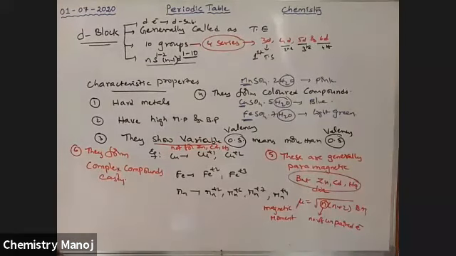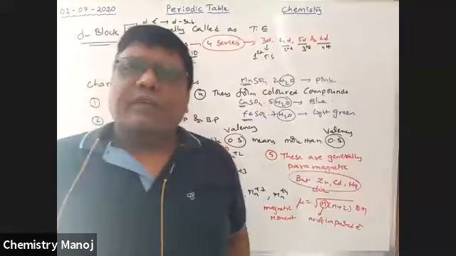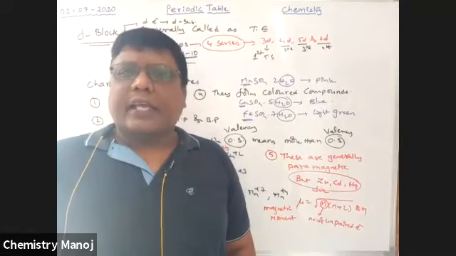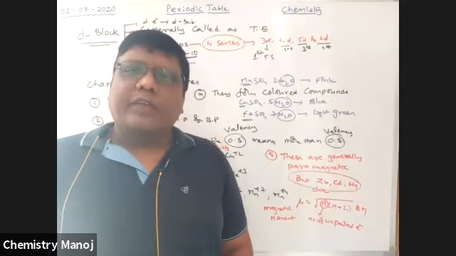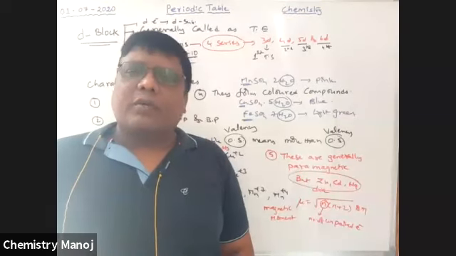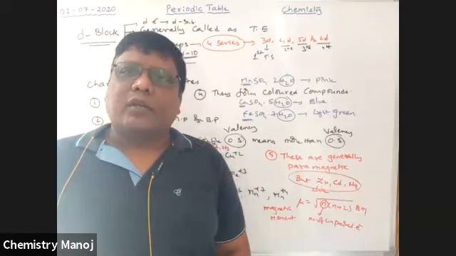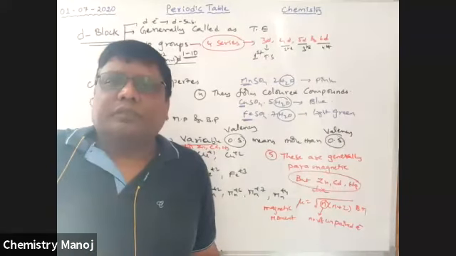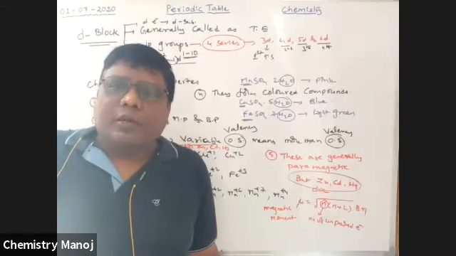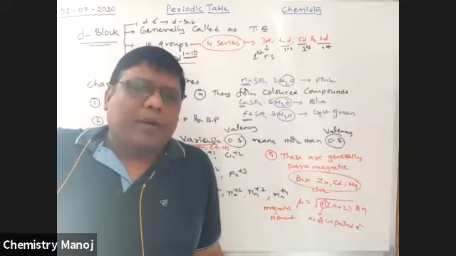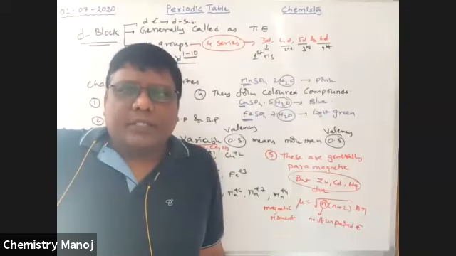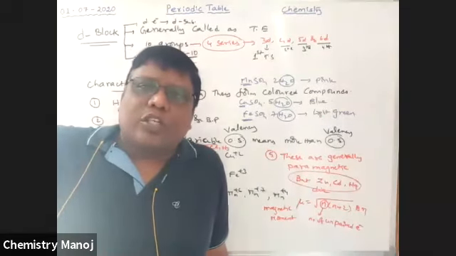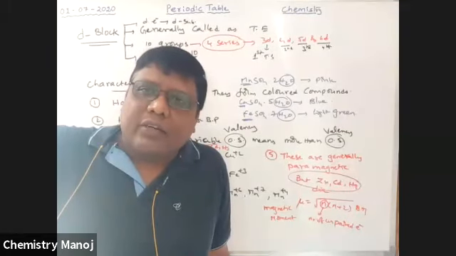Complex compounds means generally, see my dear boys, when NaCl, that is the salt, is dissolved in water, is it soluble or not soluble? Is NaCl soluble in water or not? Our table salt. Tell me, my dear boys. Yes, that is the salt which is soluble in water.